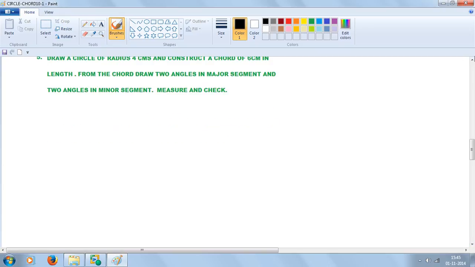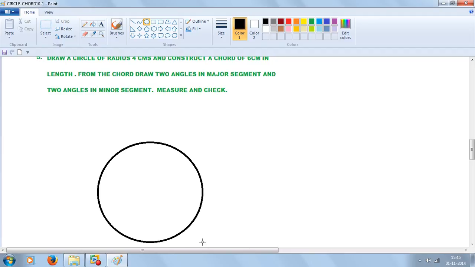We'll just draw the diagram. Students should try so that they will remember what this problem is telling. Draw a circle of, okay, this is not according to scale. I will just simply draw 4 centimeters and construct a chord of 6 centimeters.